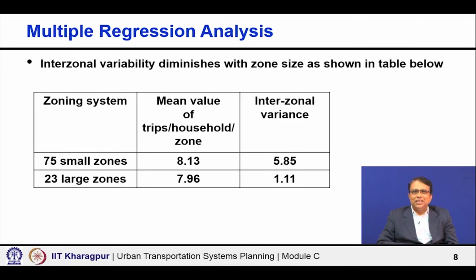It increased significantly, and what do we want? We want higher interzonal variance. Our model will be good if the interzonal variance is high.